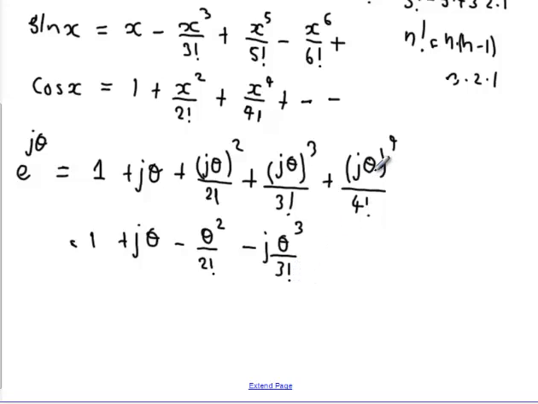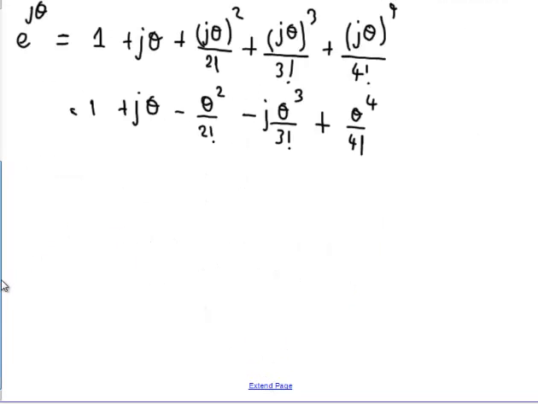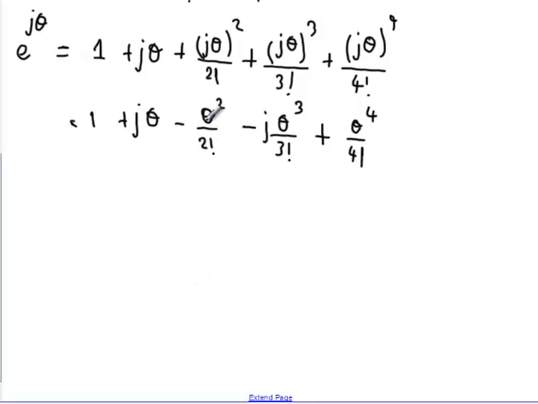Here I'm going to have j squared and j squared, minus times minus is going to be plus theta to the power 4 over 4 factorial. Am I fine? I'm worried about this sign. I don't know why. Is it correct? Yes. It's j squared, you get theta squared j squared. It's good to give us minus, isn't it? Yes, so it's fine.